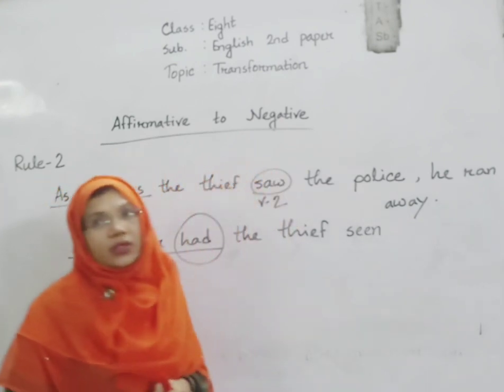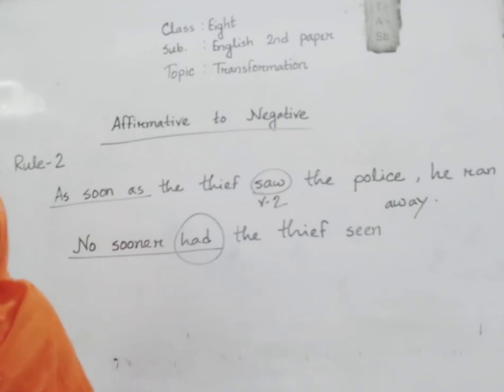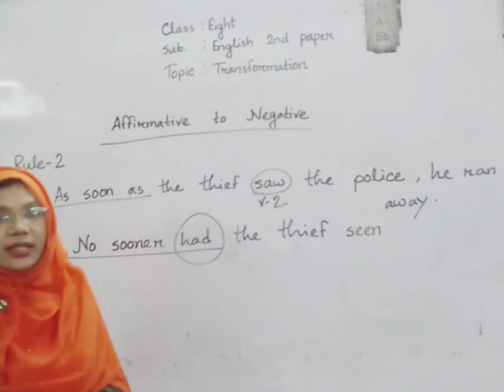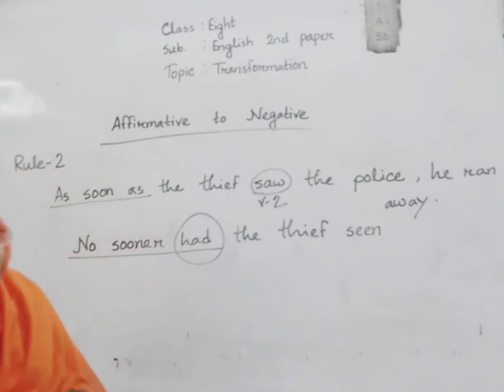As we know, in past perfect tense, if there is had, we have to write down the V3 form of the verb.